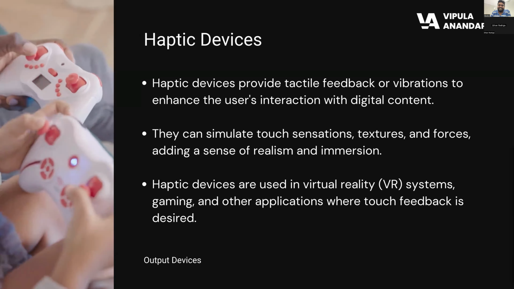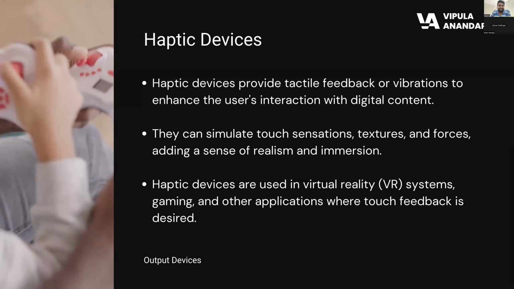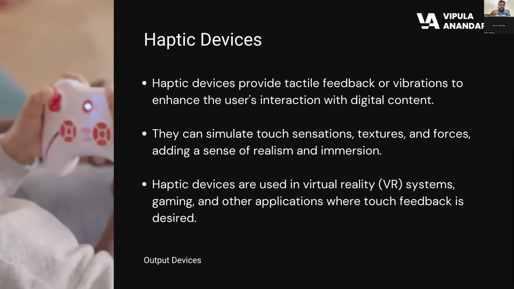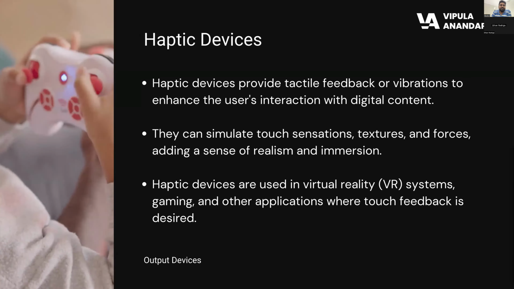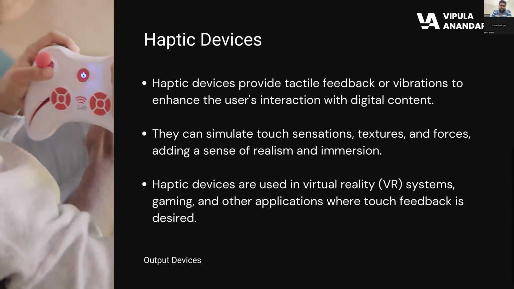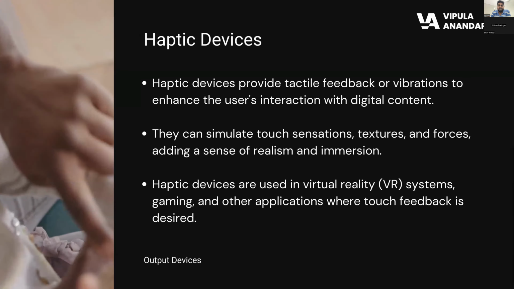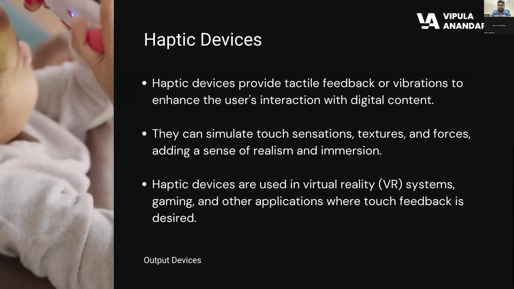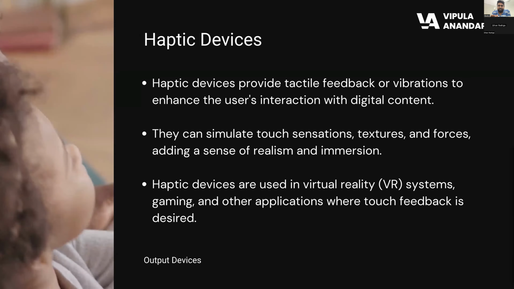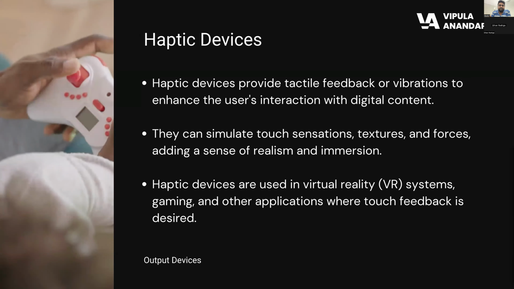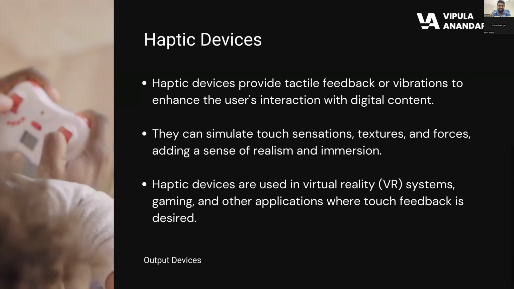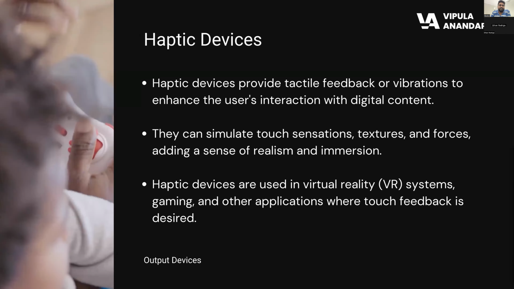Likewise, they can simulate touch sensations, textures, and forces, adding a sense of realism and immersion. This is the same thing we have on our mobile phones, where when you press something, the phone vibrates and gives you tactile feedback.